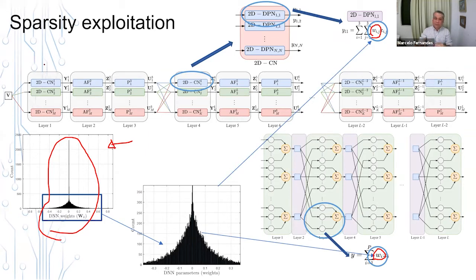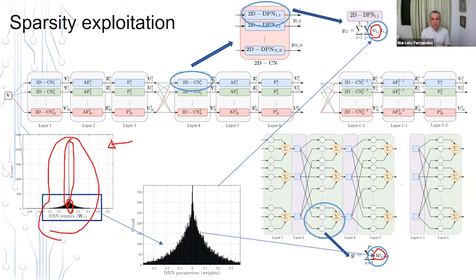This is a histogram of the weights, and you can see that many weight values are close to zero.